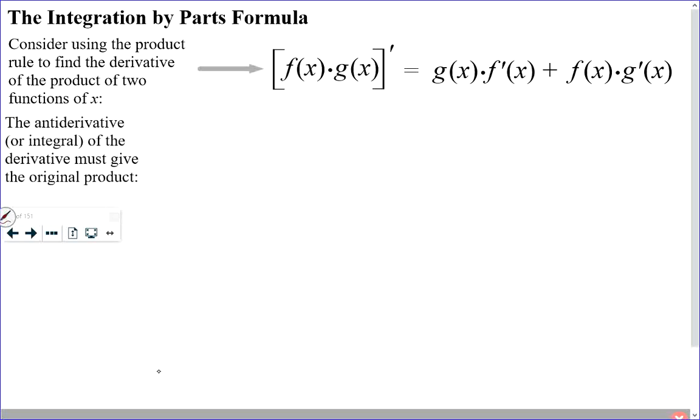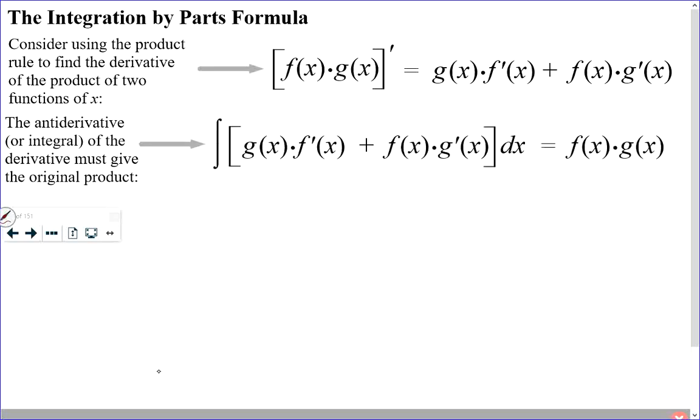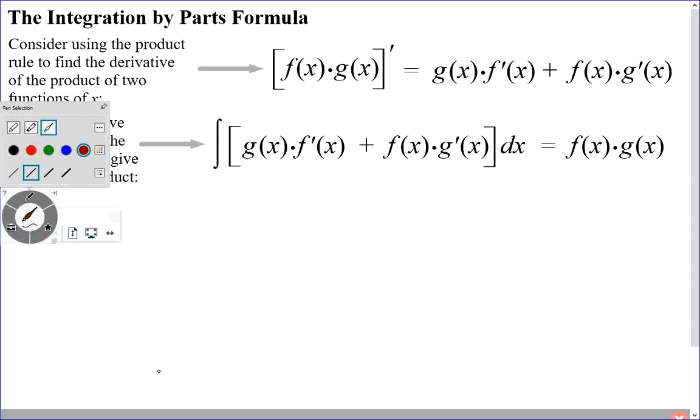Now what we need to consider is that the antiderivative of a derivative gives you the original thing. So if I say what is the antiderivative of the derivative of p of x, it's p of x. What I'm about to do is take the antiderivative of both sides. How do we write the antiderivative? We write this notation, which means you are anti-differentiating what is inside.